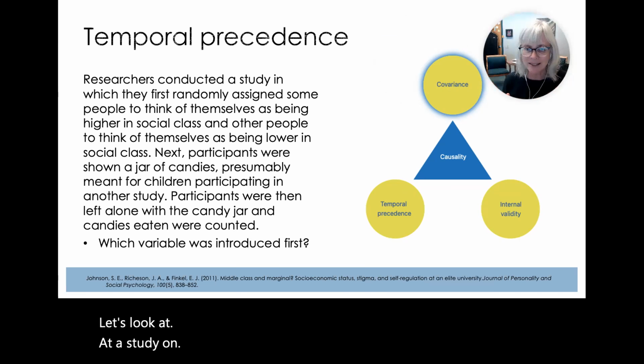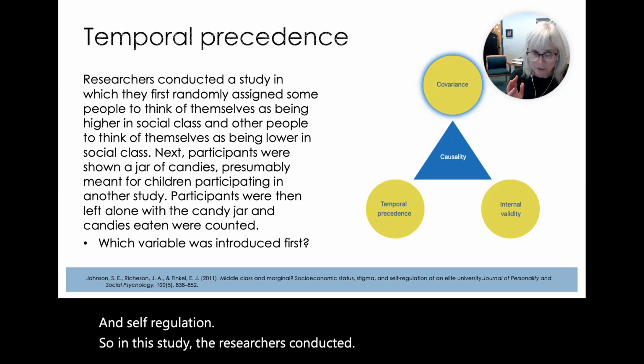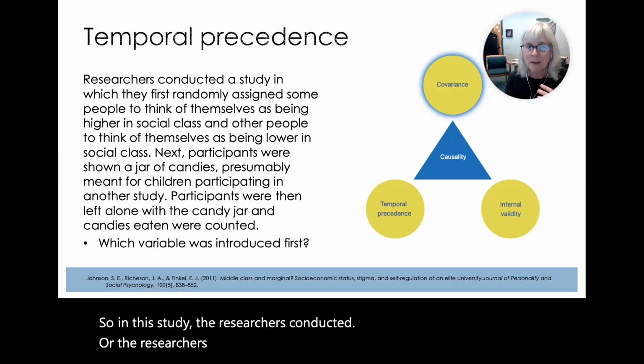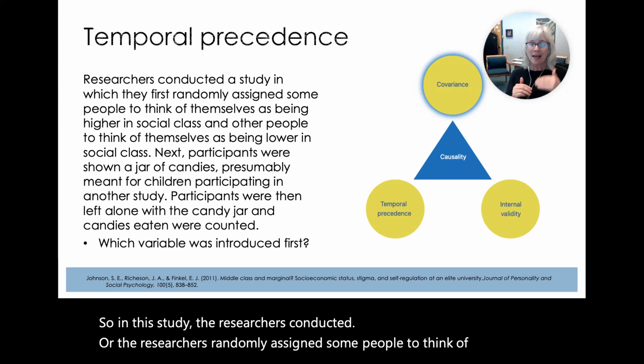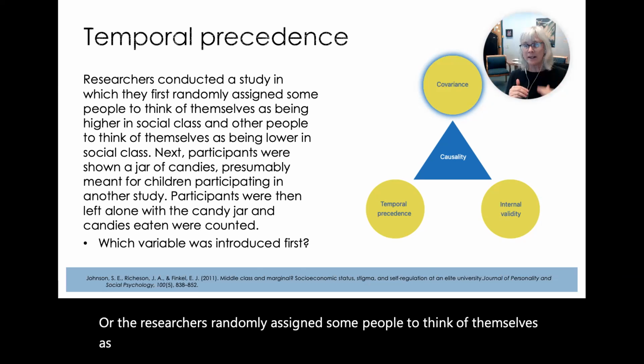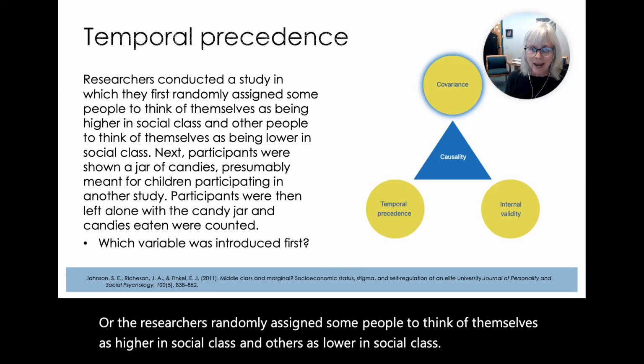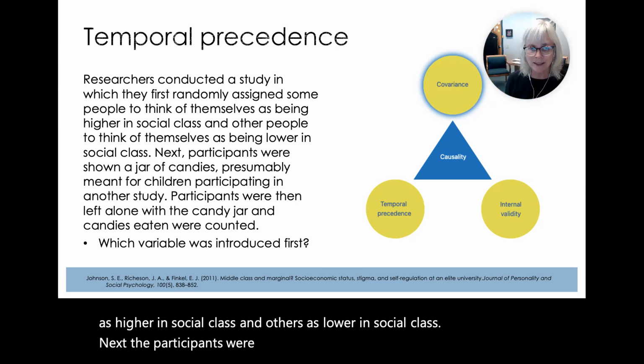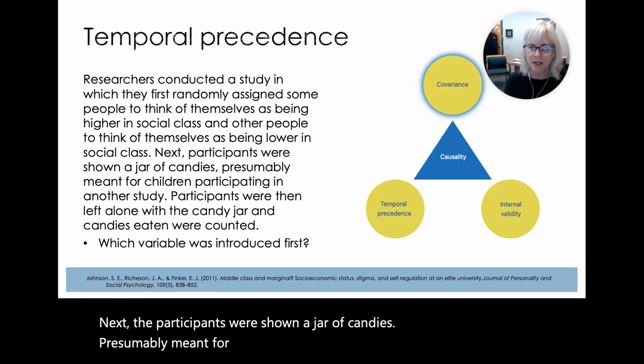social class and self-regulation. In this study, the researchers randomly assigned some people to think of themselves as higher in social class and others as lower in social class. Next, the participants were shown a jar of candies, presumably meant for children in another study.